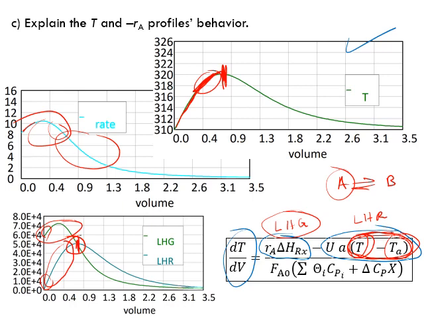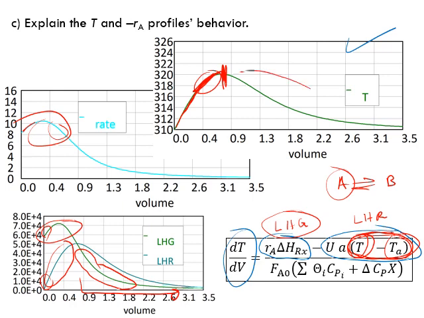However, after this point, we see that the localized heat generated becomes less than the localized heat removed. Although both of them are reducing, from this location onward, the localized heat generated is less than the localized heat removed.